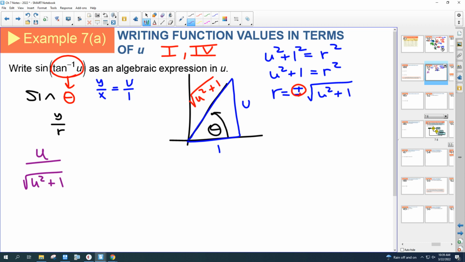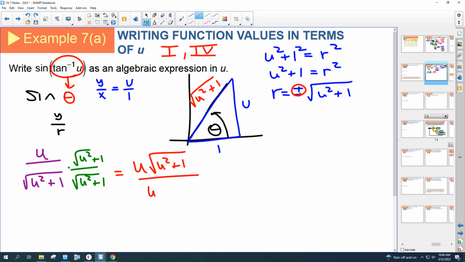As soon as we rationalize that, we'll have the answer. So rationalize in the usual way, we're going to multiply by the square root over the square root, right? And so we're going to get something crazy. U times the square root of u squared plus 1 over u squared plus 1.